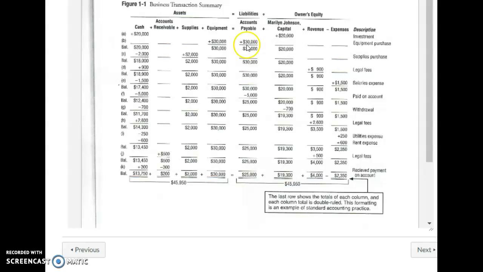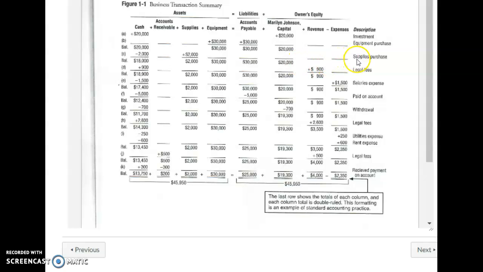Now after this one, you will do a balance. And you see, if you add these two, it adds up to $50,000, equals, and then if you add these two, it's 50,000. So you always have to keep the transaction in balance. The accounting equation must stay in balance after every transaction.